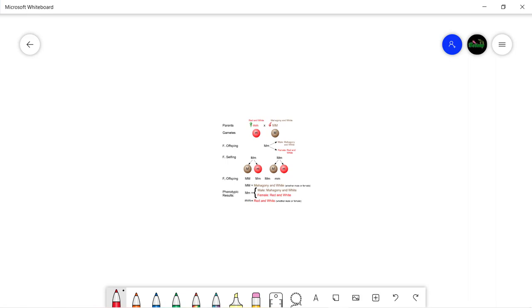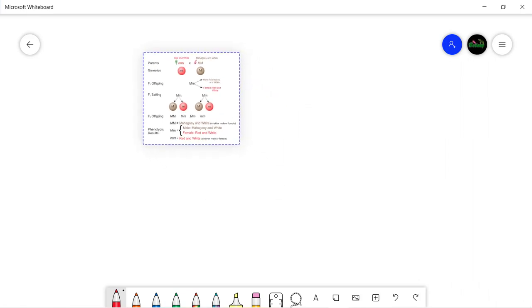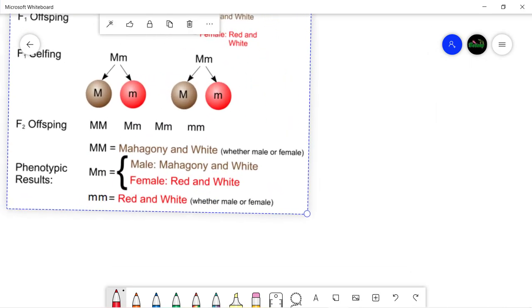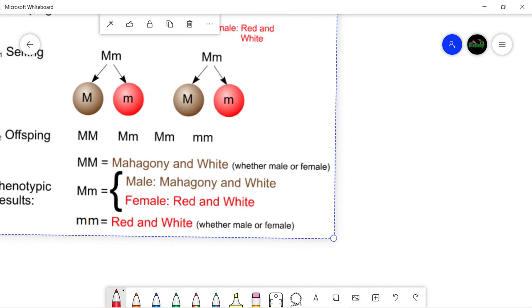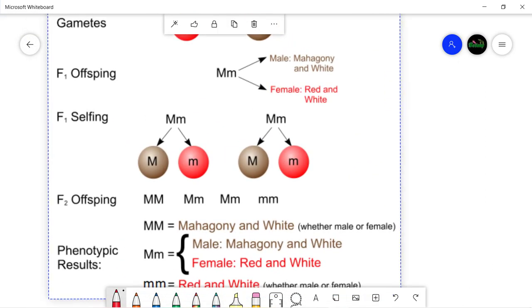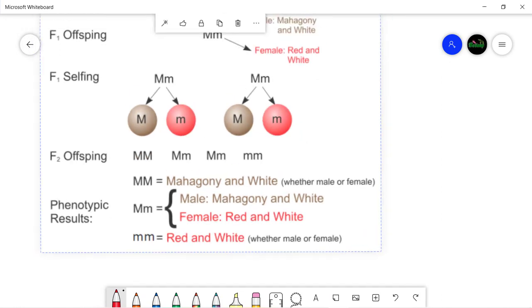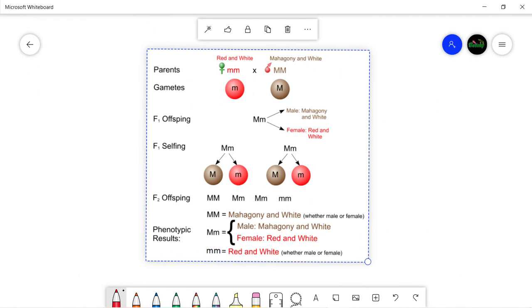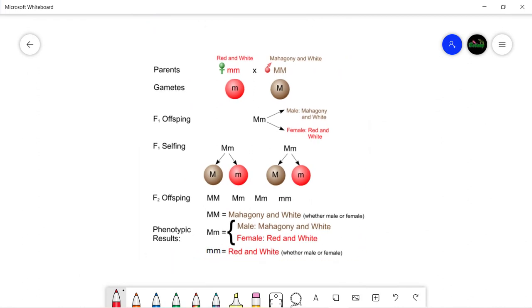So here is the full cross diagram, or a graphic, that was made by me long ago. Let me share it with you. Okay, so this is the same cross that we discussed in the previous video. We have two parents.